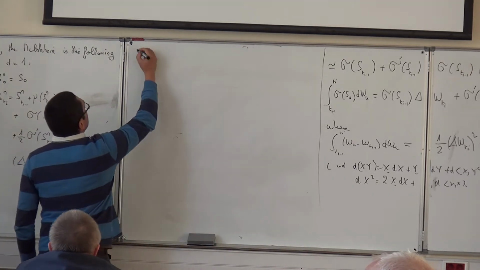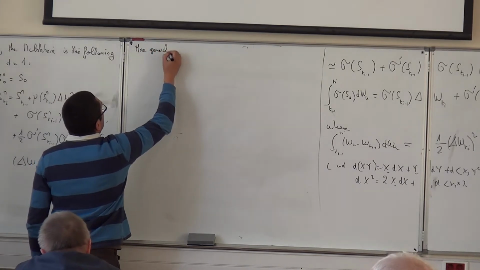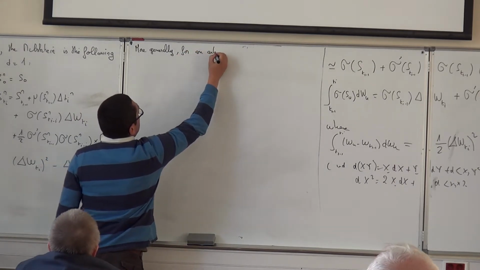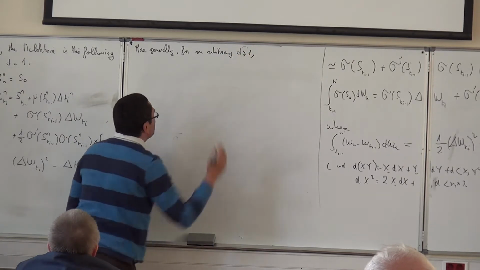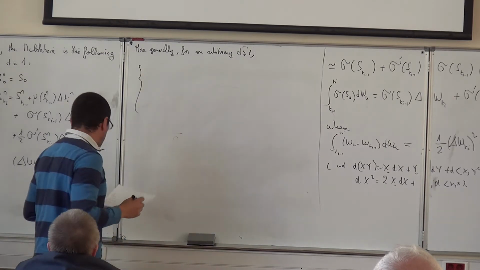More generally, for an arbitrary d, the Milshtein scheme is the following.